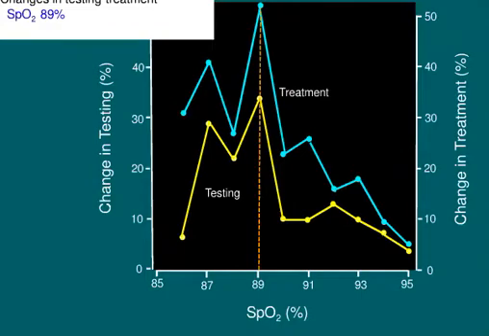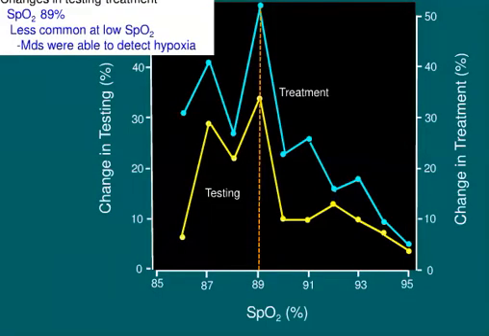And the changes seem to occur in patients when the SpO2 was 89%. It was less common at lower saturation, probably because at that level the physicians were able to detect for themselves the level of hypoxemia.